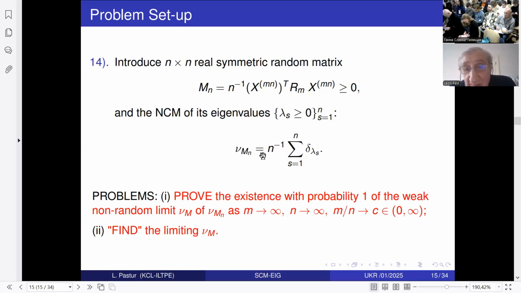We have two integer-valued parameters that characterize our matrix, M and N, and we assume that they both tend to infinity, but in an asymptotically proportional way. We would like to prove that this limit exists, that it is non-random, and, very important, to somehow efficiently characterize the limiting measure.